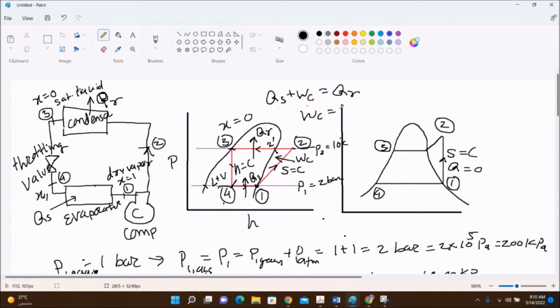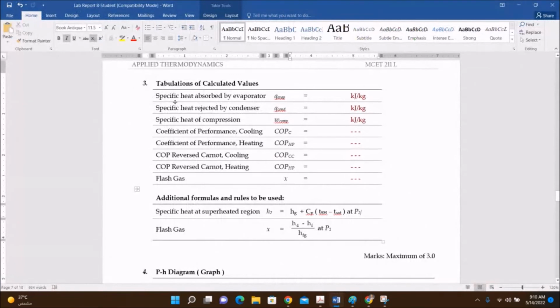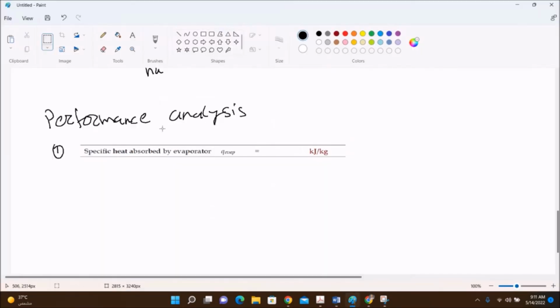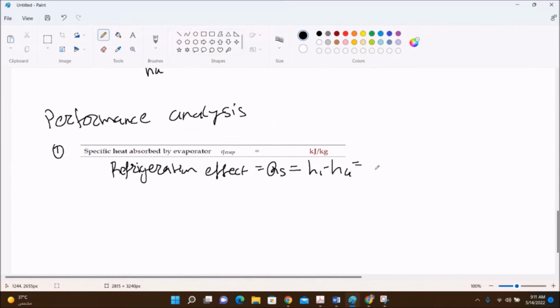So WC is equal to QR minus QS. Now the specific heat absorbed by the evaporator is called the refrigeration effect, and it is QS is equal to H1 minus H4.